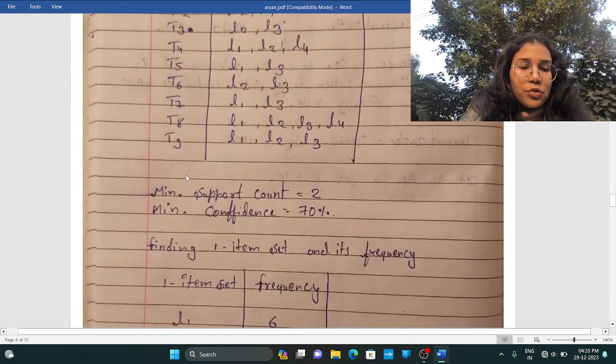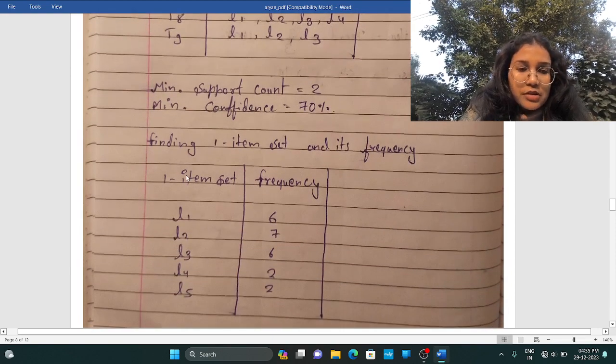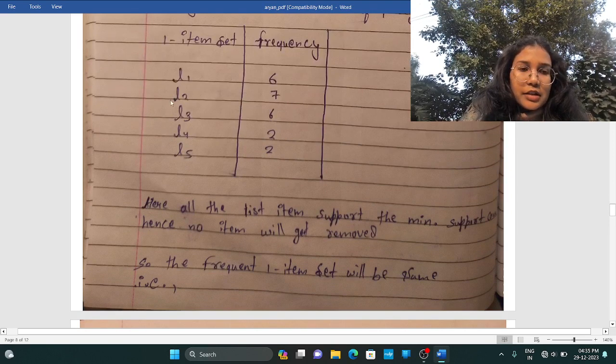Minimum support count equals 2. Minimum confidence equals 70%. Finding one item set and its frequency. This is the table.